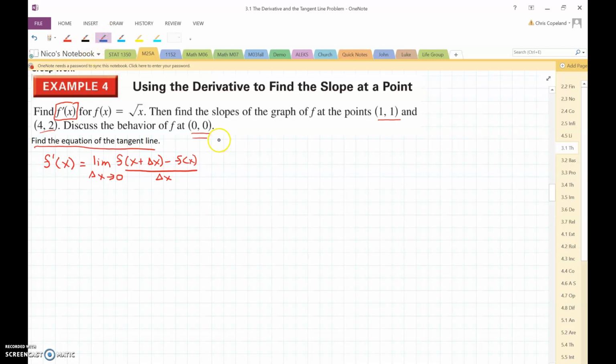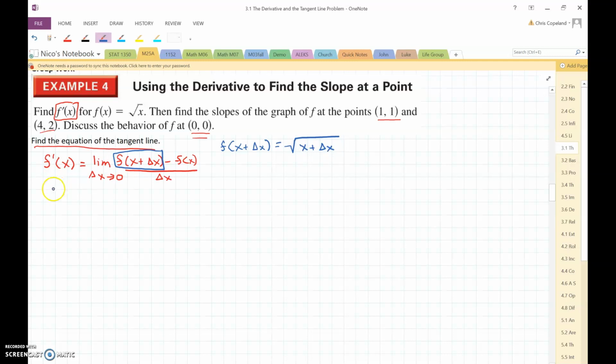Next, we need to find f of x plus delta x, and then we can substitute it into the definition of our derivative. We already know that f of x is the square root of x, so f of x plus delta x would be the square root of x plus delta x.